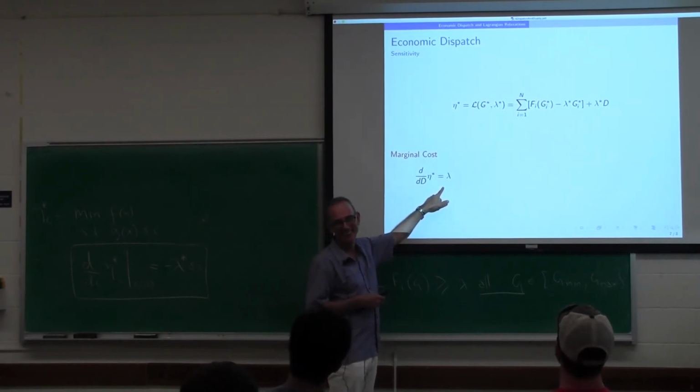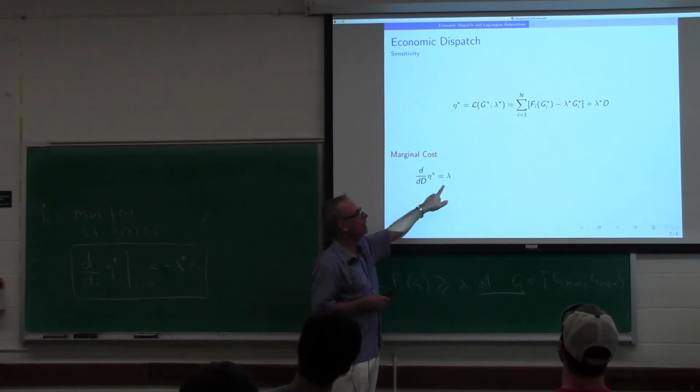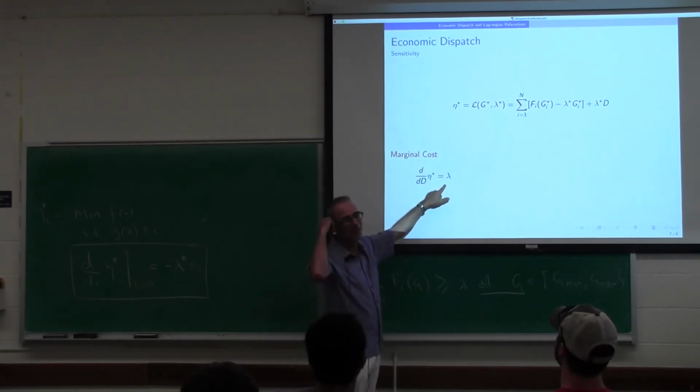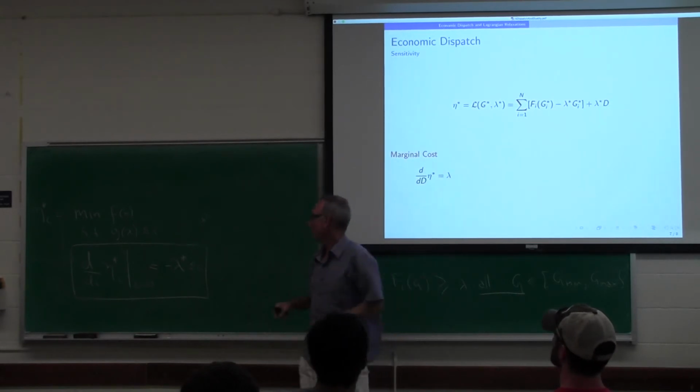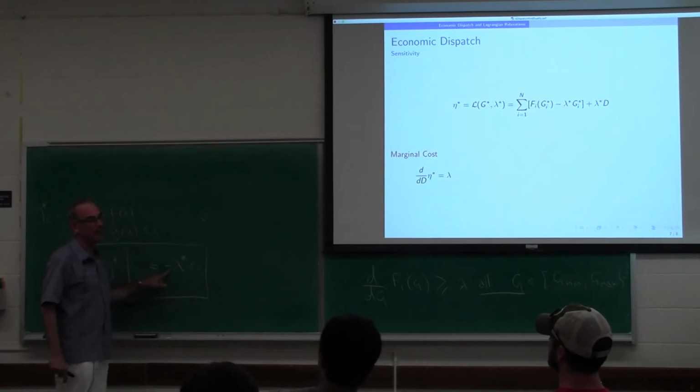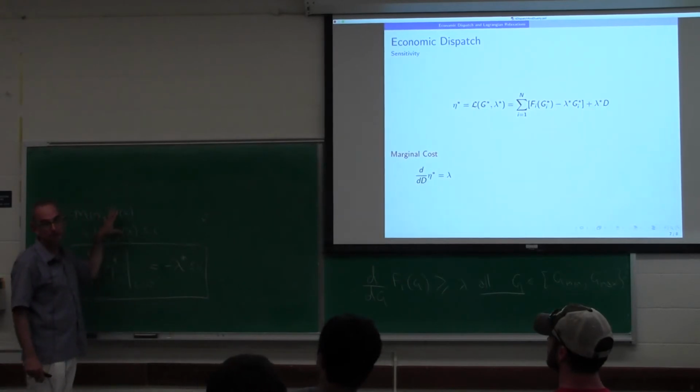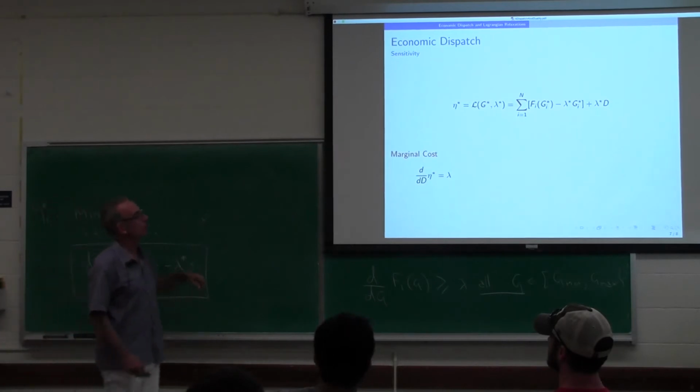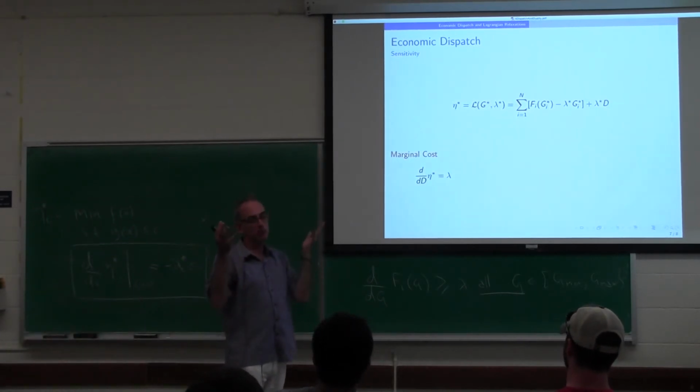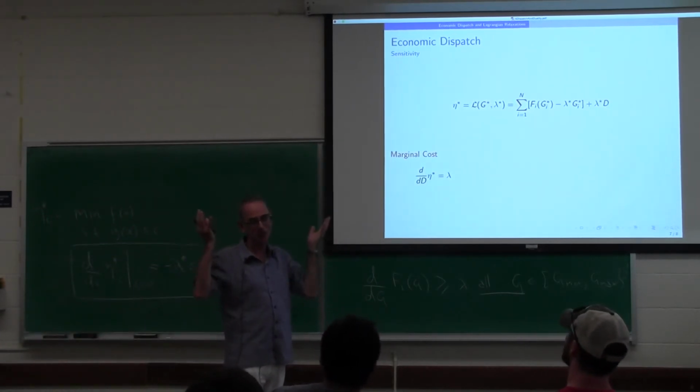Because we know lambda is positive. Oh, good, yeah. So in this case, I'm sorry. You have to check the formulas, but you can also use your intuition. How did I correct my mistake here? I remembered that this was a decreasing function of C, so I know this has to be non-positive. Same thing here. If I make the demand bigger, you can expect your costs to go up.